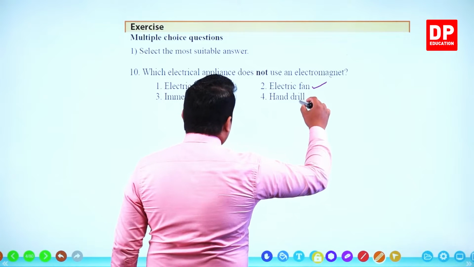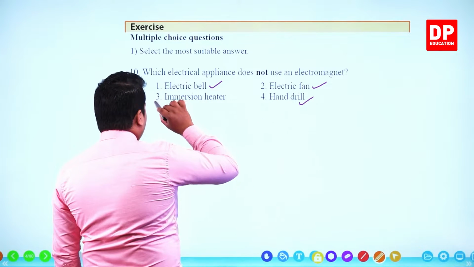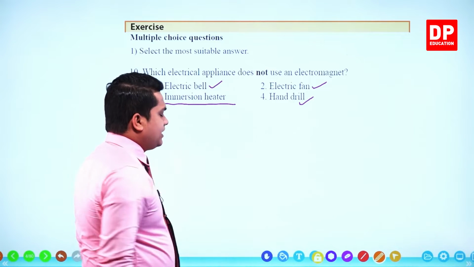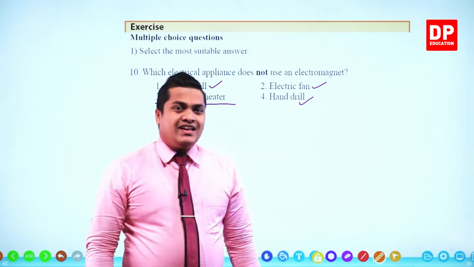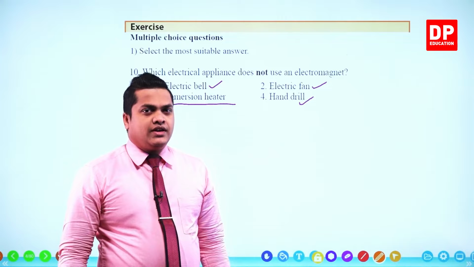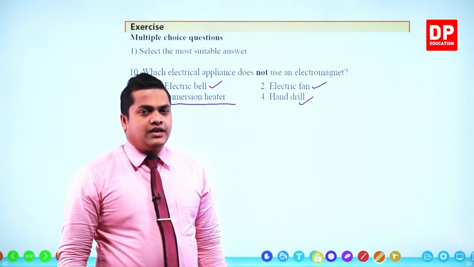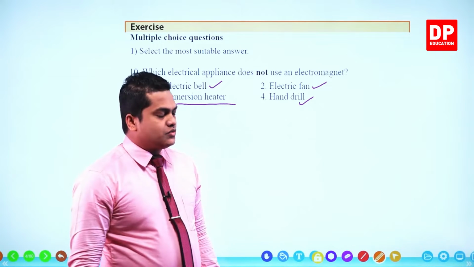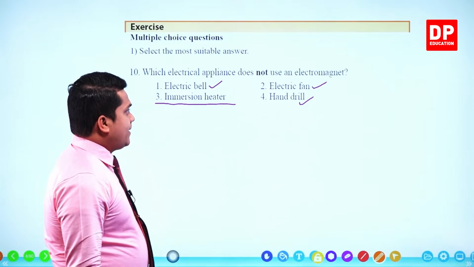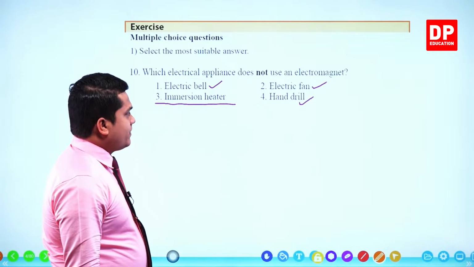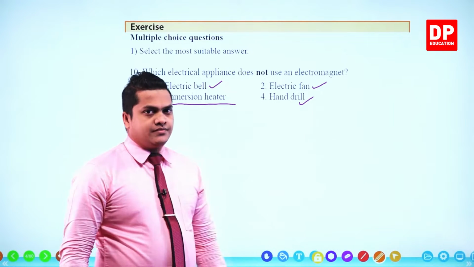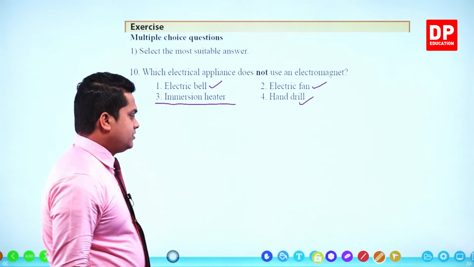Handrail, there is a motor, it's rotating, it's correct. Immersion heater, not at all. We dip that thing in water and we generate heat energy to boil water in the immersion heater. So it's the incorrect one or the false one. So the appliance which does not use an electromagnet is the immersion heater, right? Immersion heater.